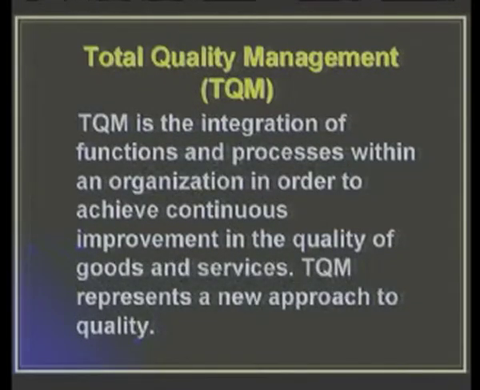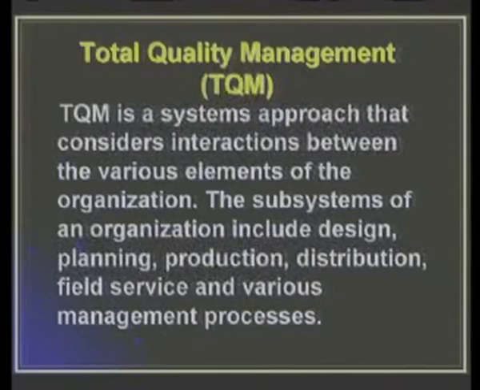So TQM represents a new approach to quality, and as we will see, total quality management is a systems approach that considers interactions between the various elements of the organization. The subsystems of the organization include design, planning, production, distribution, field services, and various management services.